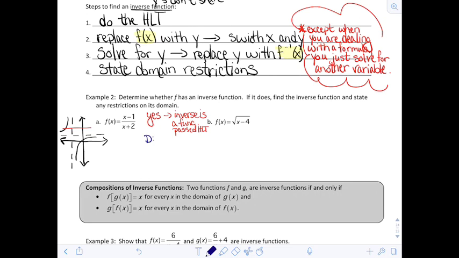So as you look at the domain for this, the domain would be from negative infinity up to -2, and then from -2 to infinity. And the range values, looking at it vertically, the range values would be from negative infinity to 1, and then from 1 to infinity.